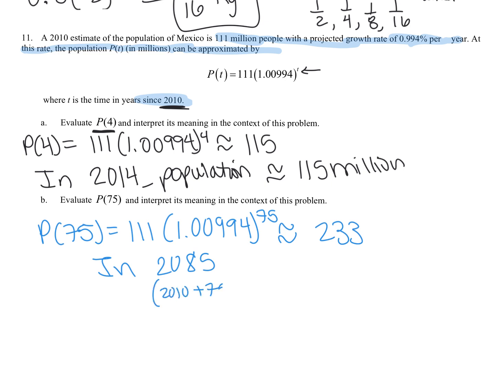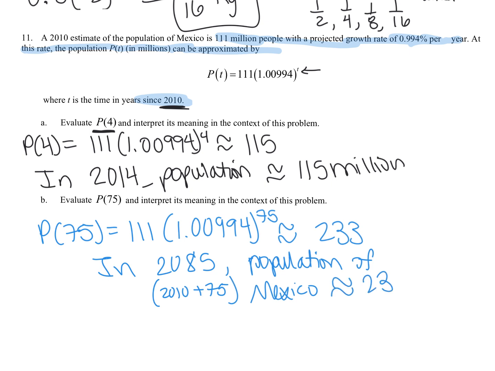All right, so it would be approximately 233 million in 2085. Remember, we're talking about how many years have passed since 2010. So P at 4 is 2014. P at 75 would be 2085.